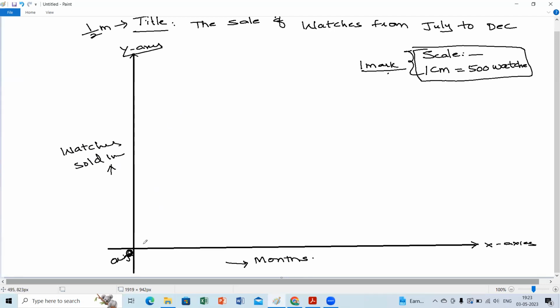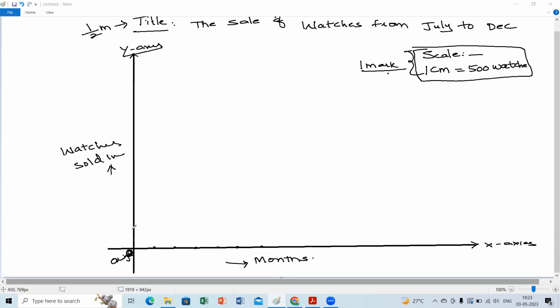Now, this is more important, children. In your graph sheet, you have exactly equal, uniform length, the width of 1 centimeter. Similarly, here I'm taking approximate values, not accurate, because it's not a graph sheet. If you have a book ready, you can also start doing it with me. So 1 centimeter equals 500 watches.